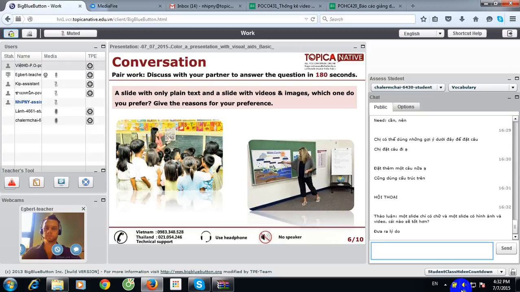Hello. I think I prefer a slide with video and image because I think it attracts more and it is clearer with video and image.